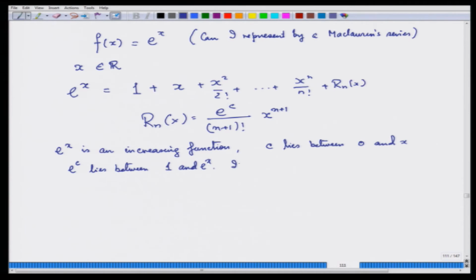If x is strictly less than 0, what happens? c is lying between 0 and x, which means e to the power c has to be less than 1, because c has to be some negative number since x is less than 0. So, x is here, 0 is here, c is lying here, and e to the power c in this particular case has to be less than 1.